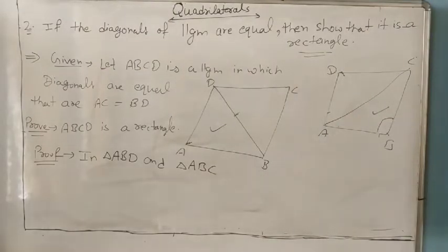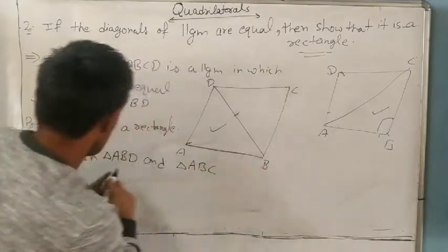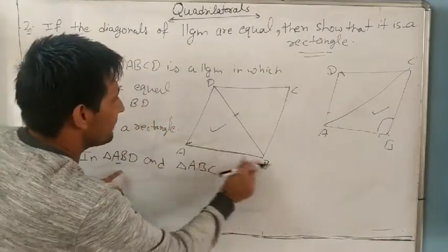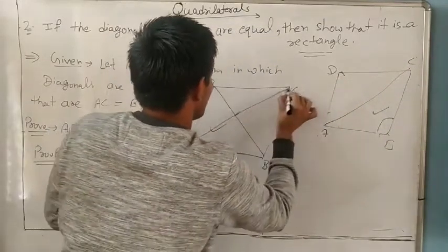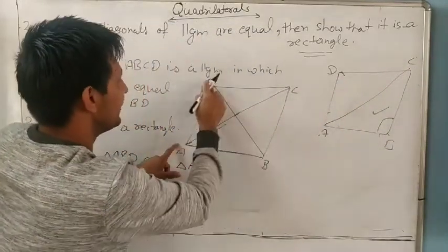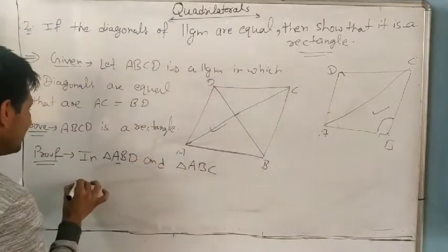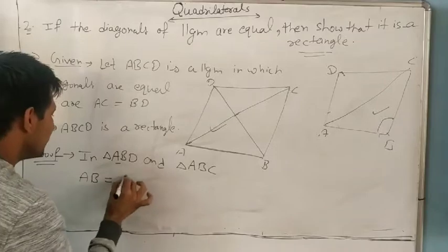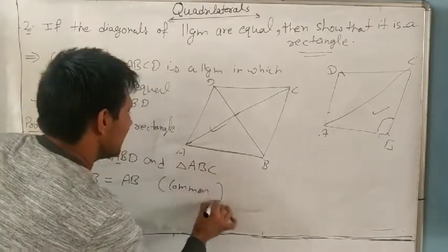So in triangle ABD and triangle ABC, AB equals AB. AB is common. Yes, AB is common or not?